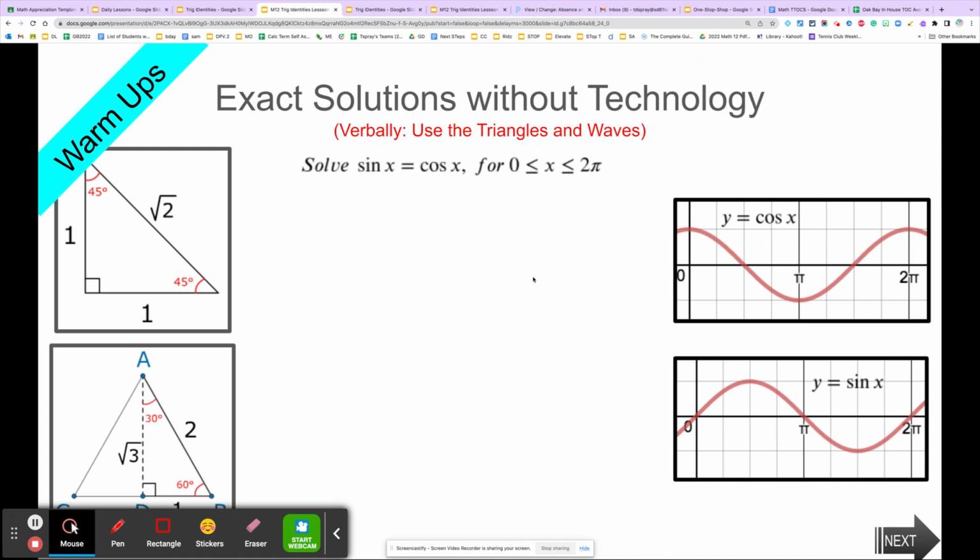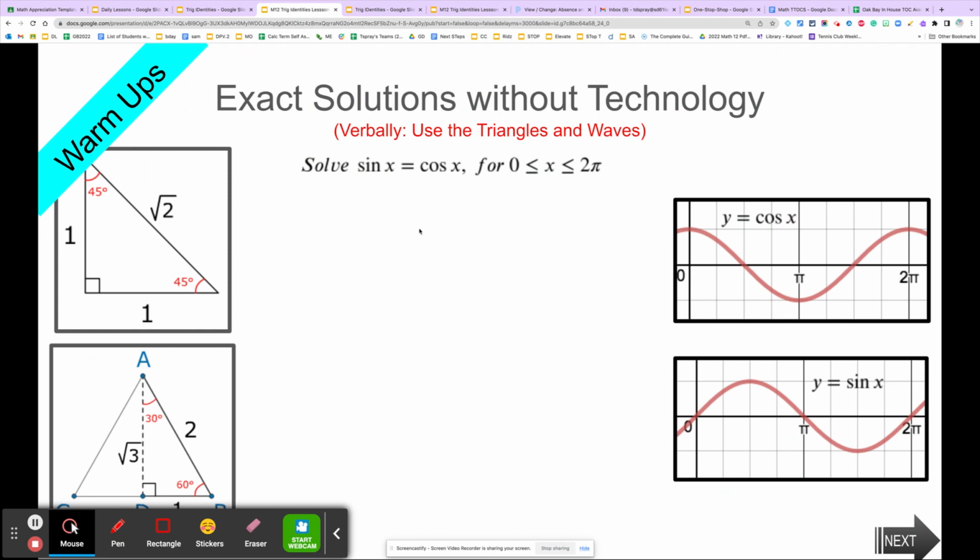So here's some warm-ups. So if we say solve sine x equals cos x, we're trying to figure out when is sine x and cos x the same, and the waves wouldn't help with an exact answer here. But if you look over here into these two triangles, I notice here that in this isosceles triangle, the sine of the angle would be 1 over root 2, and the cosine of the angle would be 1 over root 2.